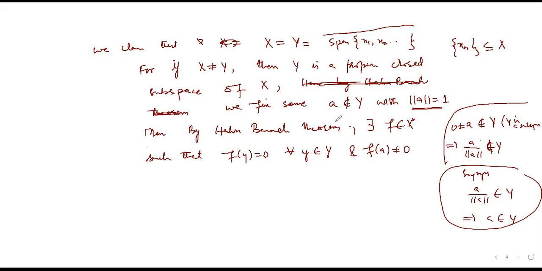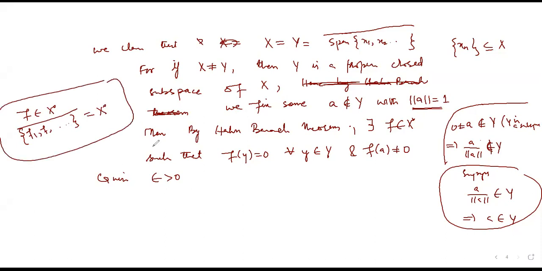Actually, for every a not belonging to Y this is true, in particular for this a whose norm is 1, I can find this function. Now, given epsilon positive, we have to remember f belongs to X star, and X star is separable, and I have got f1, f2 such that the closure is equal to X star.